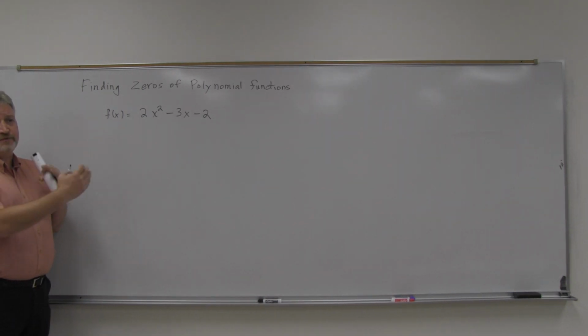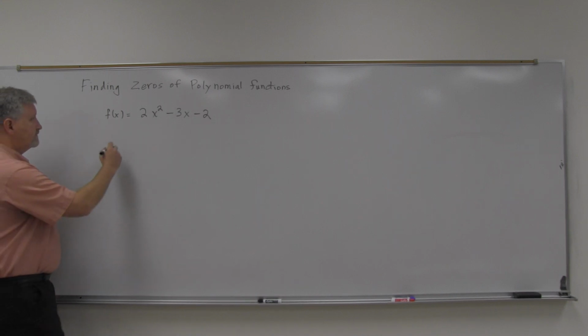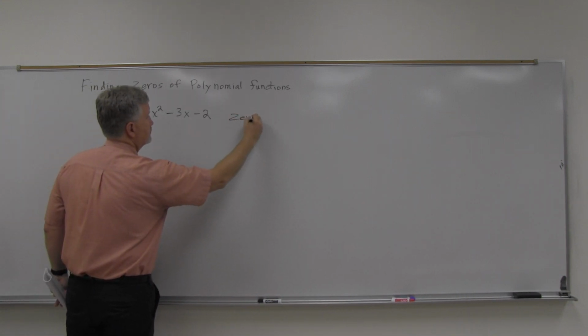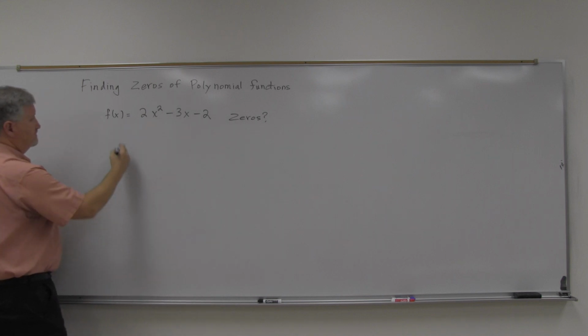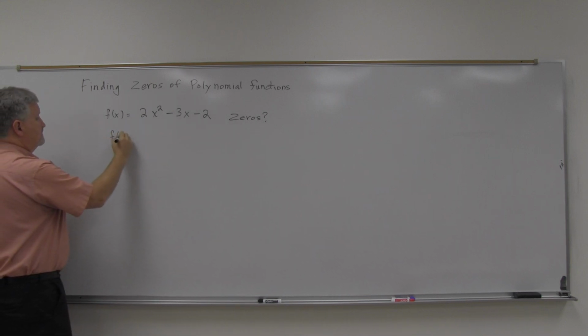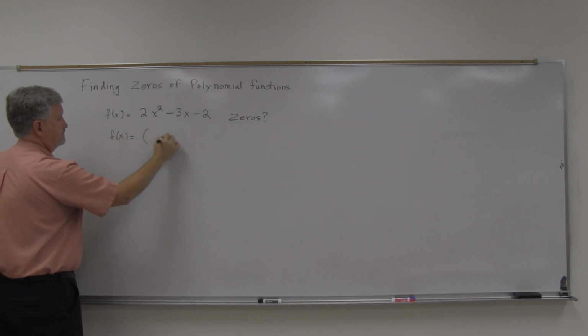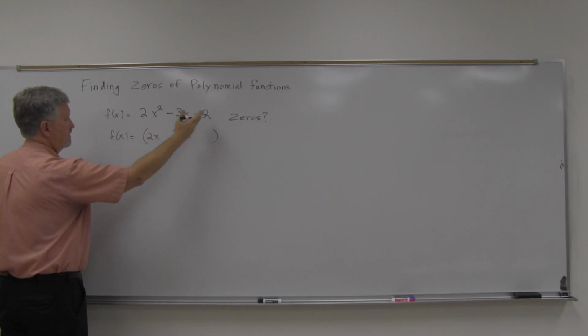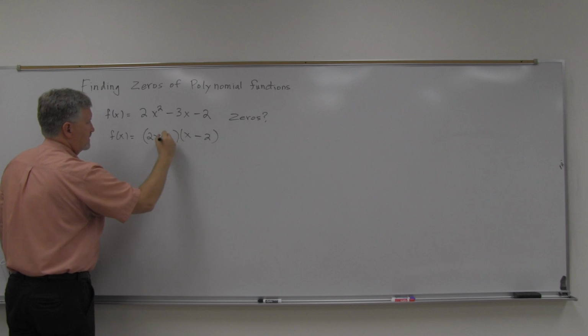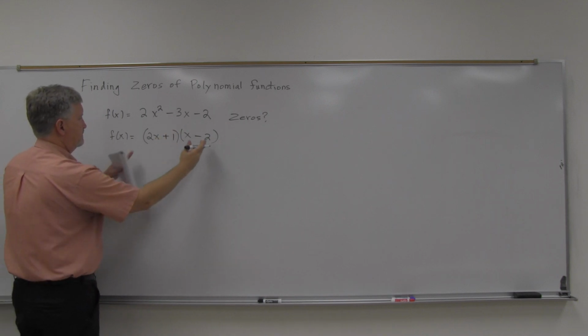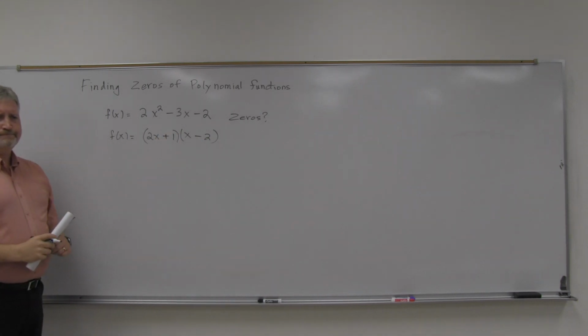And the way we did this one was we factored it. So what are the zeros? Well, this one factors, so let's do that first. 2x and x, minus 2 here and plus 1 there, right? That'll be the factoring.